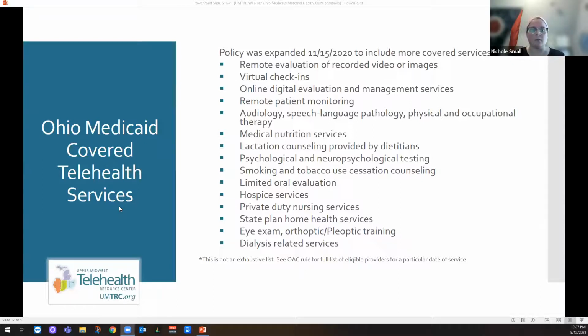In the beginning, there was a stay-at-home order and elective services were prohibited. A lot of people were at home and utilization of in-person visits really plummeted. So this allowed people to still access care in a meaningful way. Again, this isn't the exhaustive list, but it gives you a sense of how much it was expanded in response to COVID.